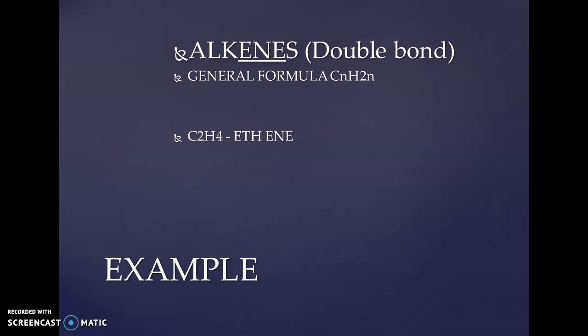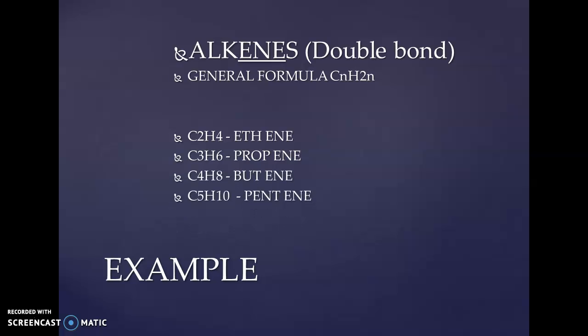We know the successive member differs by a CH2 group, so adding CH2 to C2H4 gives C3H6. Adding the same CH2 again gives C4H8, C5H10. The name will end with ENE, as underlined for alkene: ethene, propene, butene, pentene, and it goes on.